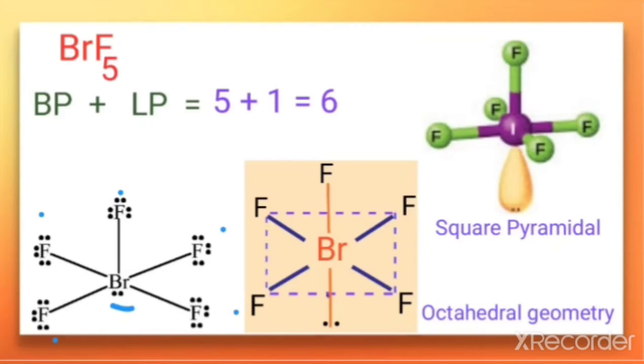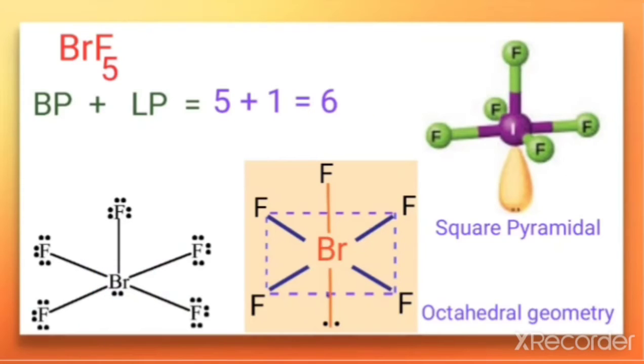From this it is clear that there are 5 bond pairs, and there is 1 lone pair with the Br, which you can see as 2 dots. It's a pair, not a number of electrons. So there are 5 bond pairs and 1 lone pair, which is equal to 6.